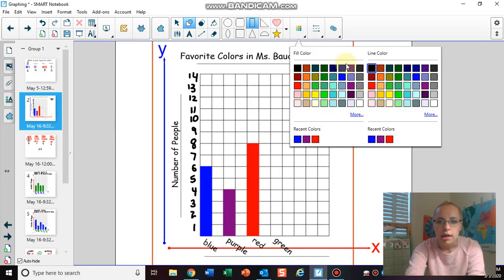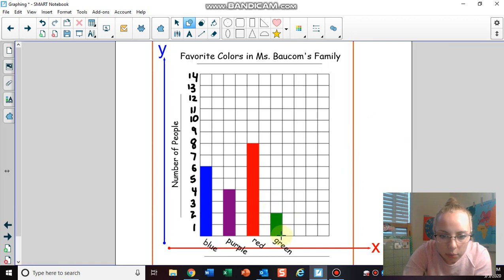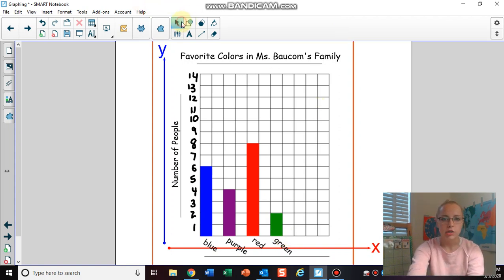So I'm going to come in and make a green bar that lines up with the 2. Now you can see the graph, Favorite Colors in Miss Baucom's Family. 6 people liked blue, 4 people liked purple, 8 people liked red, and 2 people liked green.